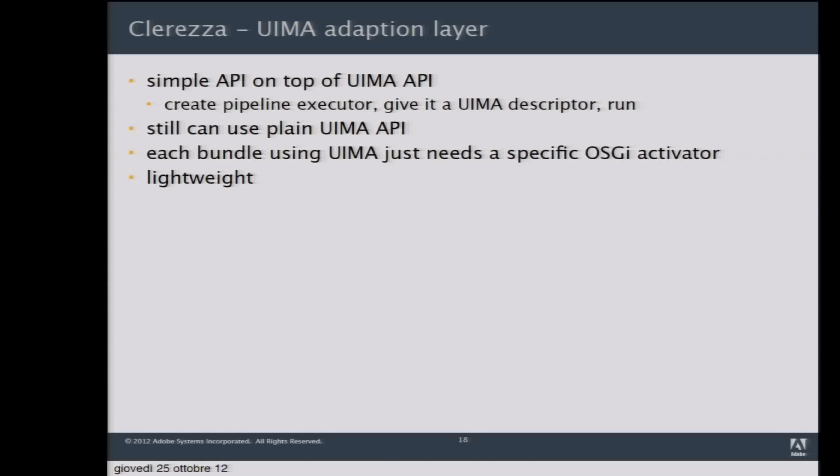Our adaption layer, based on this Clerezza UIMA integration, just adds a simple API on top of the UIMA API, so that newcomers can just use that. But you can still use the full UIMA API that you had if you were using UIMA without OSGi. And we have just one constraint: each bundle using UIMA needs a specific OSGi activator.